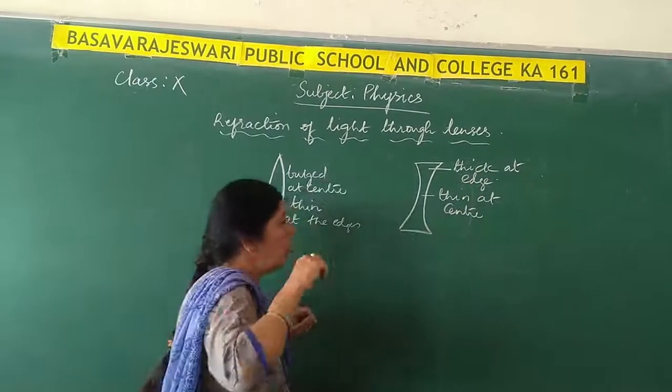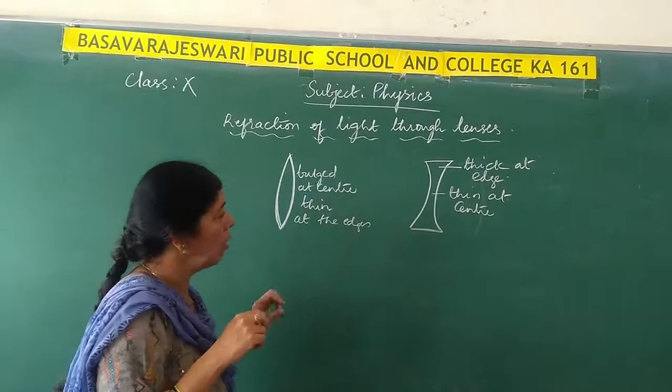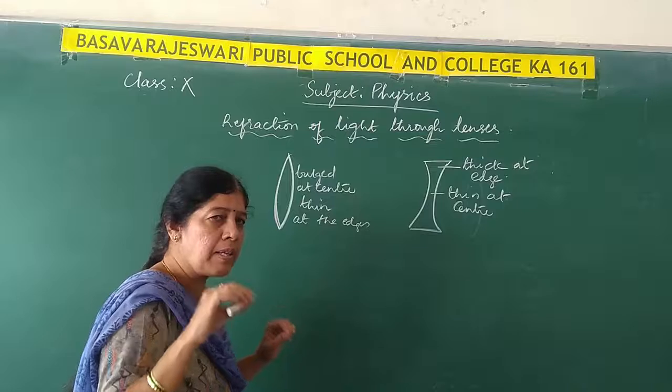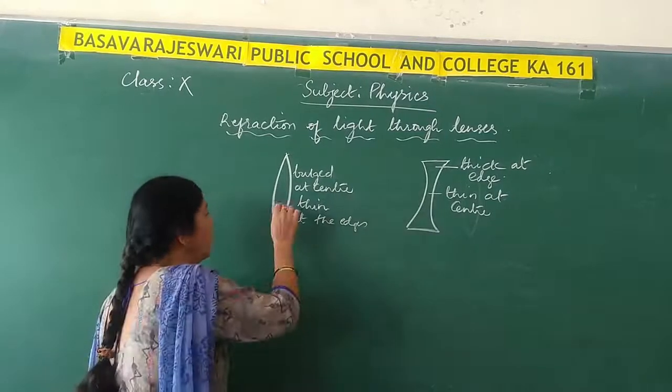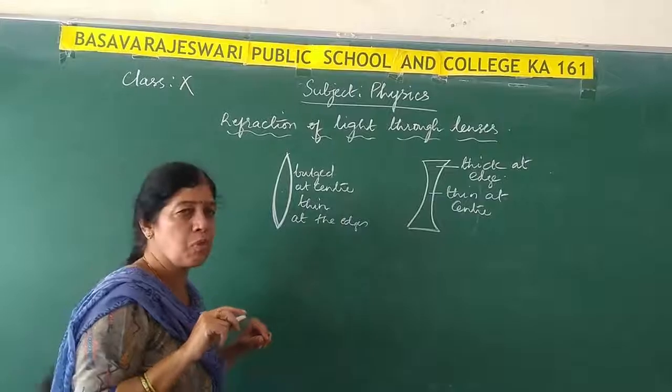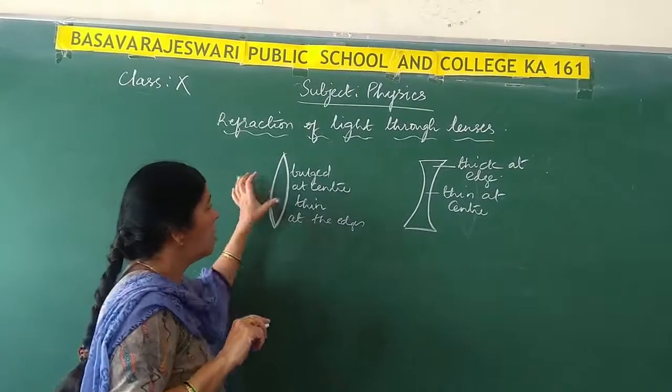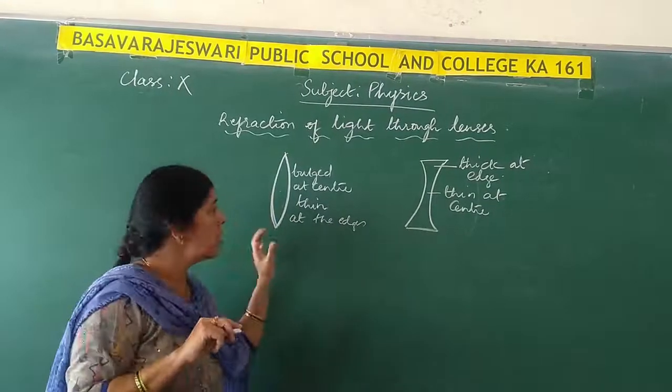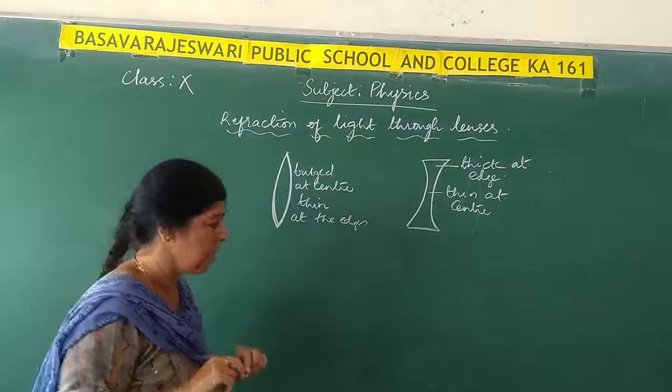So if you pour a drop of water on a concave lens, it will remain at the center of the lens only. Whereas on a convex lens, it will move to the circumference. Understood? This is how you have to distinguish between the two types of lenses.